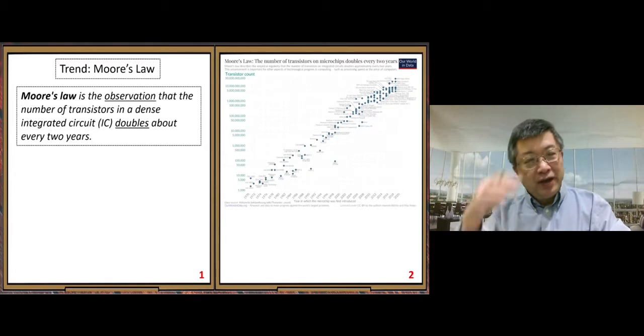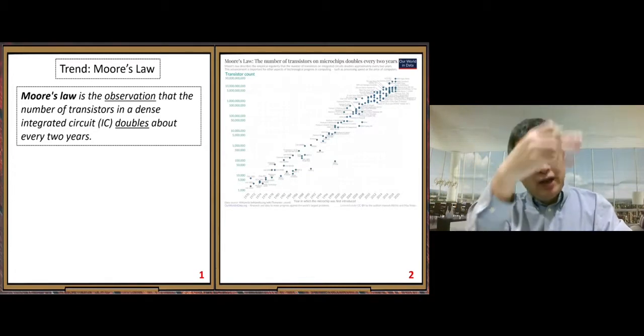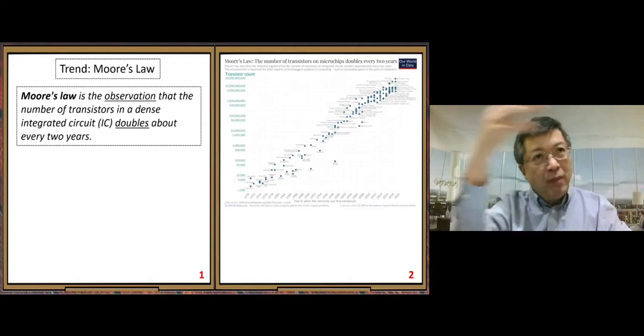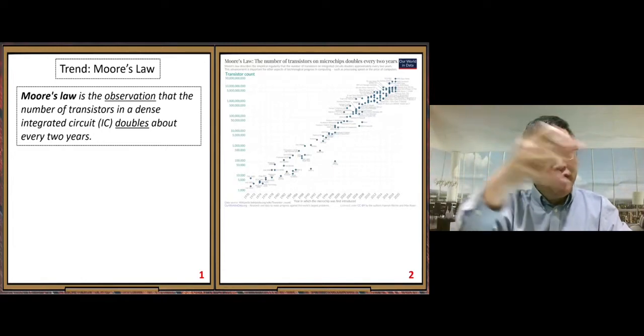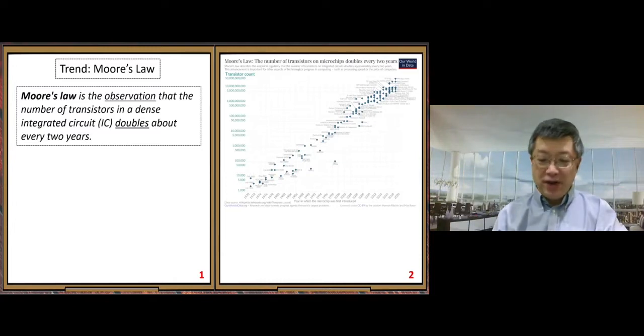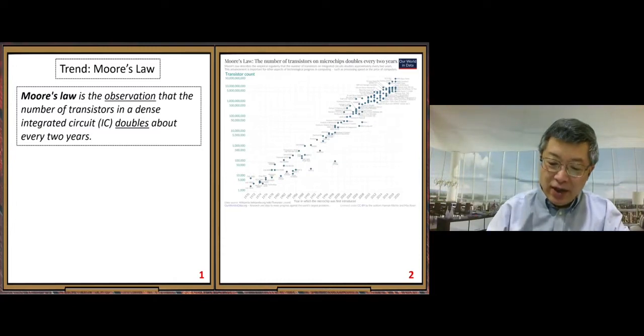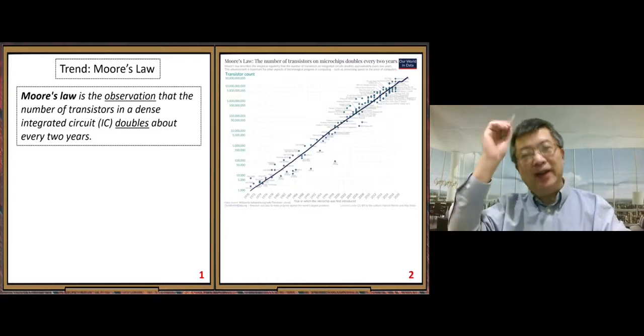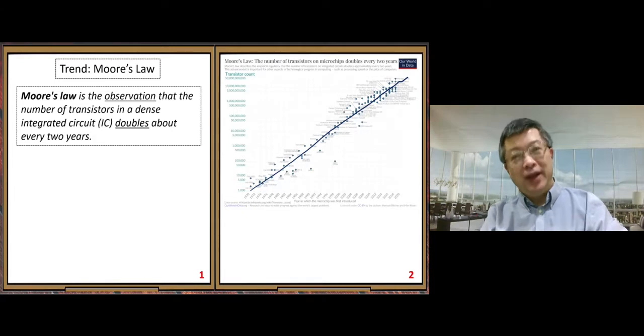It gives the data for different CPU models, different manufacturers, in different years. Here you can see the increasing rate is pretty much steady. That's Moore's Law.